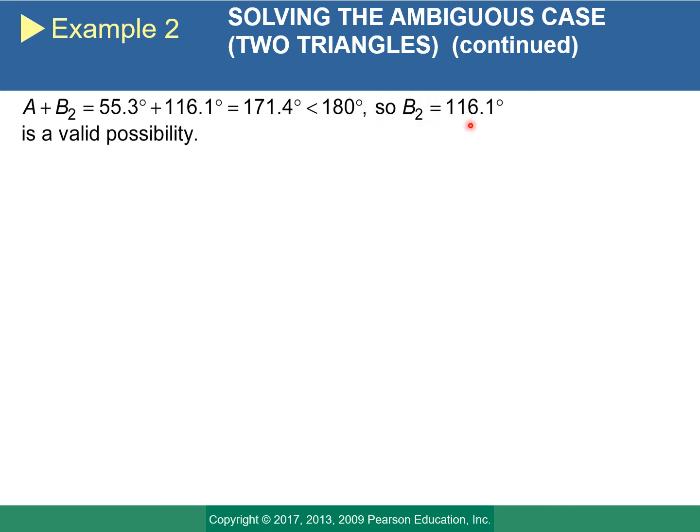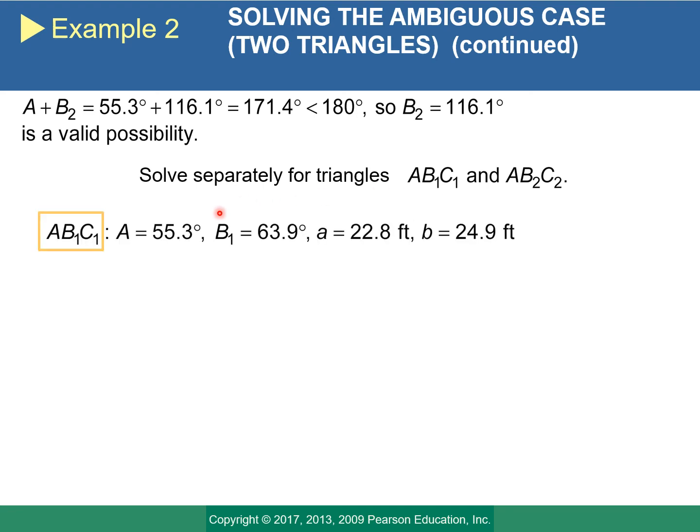We'll do another example so you can see that you have to check. Is this second B value a possibility? Yes, it does exist because there's room between 171.4 and 180 for there to be a third angle, in this case angle C. So we have to actually solve for both triangles because there are in fact two triangles that fulfill the given information, and we solve for them separately.